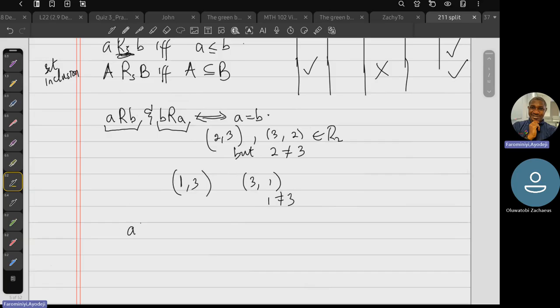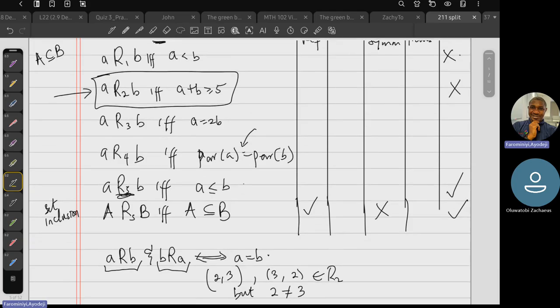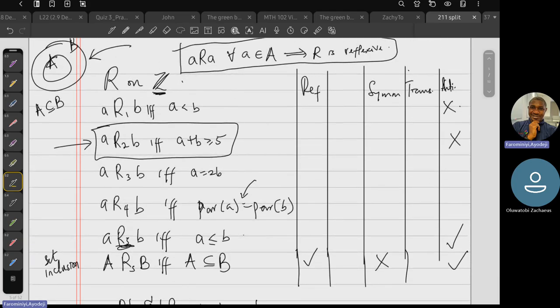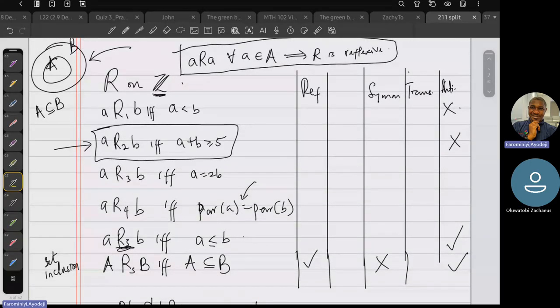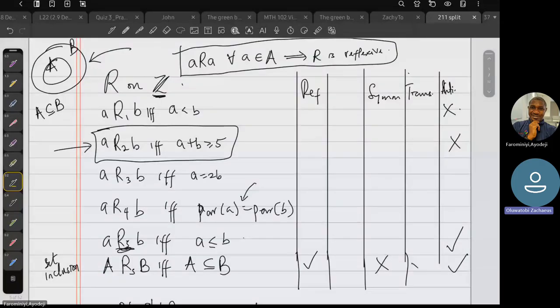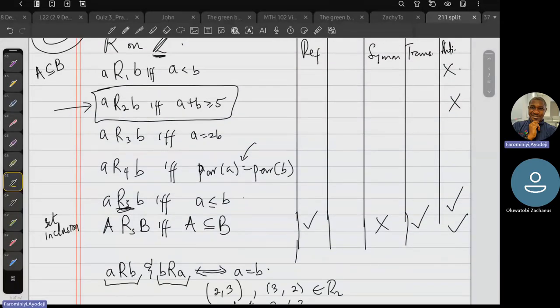Transitivity means if A is related to B and B is also related to C, then A is related to C. So is this relation of inclusion transitive? Let's say A is in B and B is in C. It means that A is in C. Yes, it is transitive. Yes, sir.